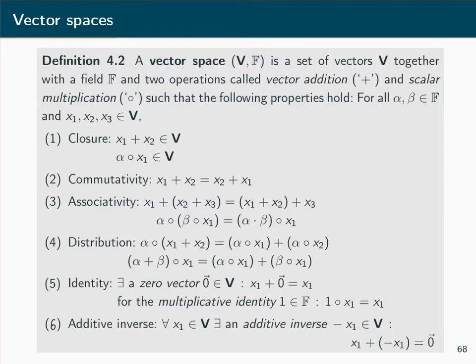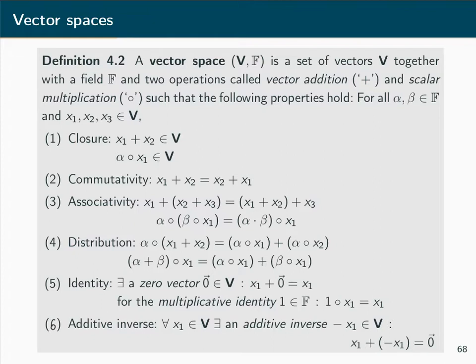So we use here the same sign as for the field. And a scalar multiplication, for which we use a little circle, such that the following properties must be satisfied. For any two elements alpha and beta in the field and any vectors x1, x2 and x3 in the vector space, we must have that the following 6 properties are satisfied.